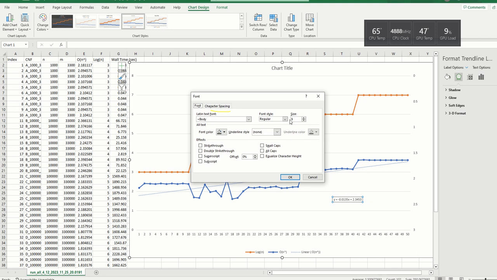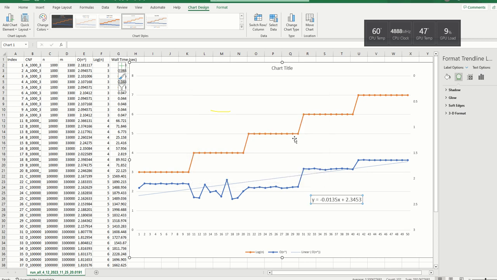Let's make a bigger font because I'm pretty sure that you cannot see much. So this is what it looks like in terms of execution.